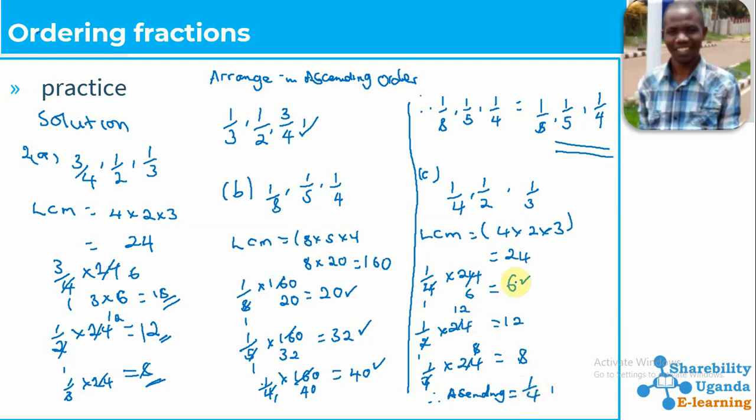Then our 8 is going to be the second, which is 1 out of 3. Lastly is going to be 1 out of 2. So we have been able to come up with very good answers, and this is the concept that we should be using to answer these problems.